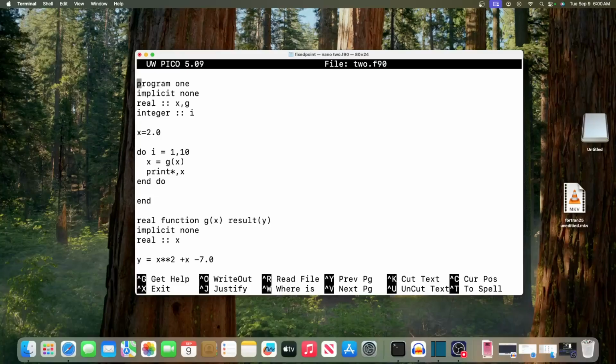The name of the program in the program header really means nothing, but if I want to be consistent about it, I'll call this program 2. Everything is going to be exactly the same, except I'm going to put in the fixed point function for our second example.